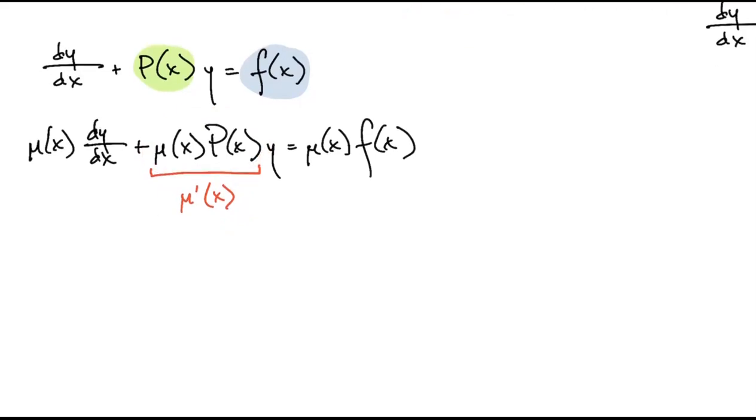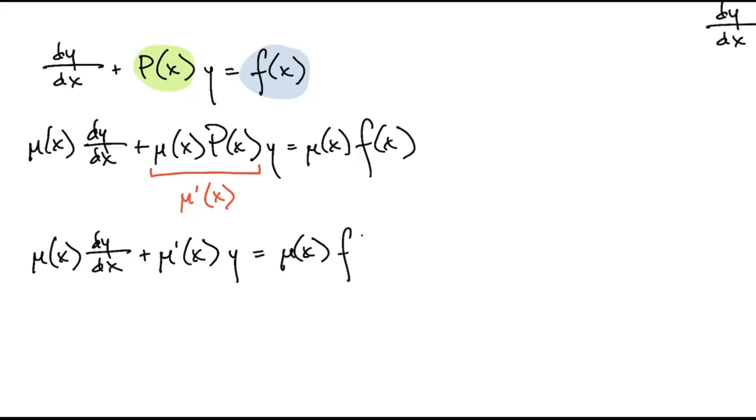Now, if we replace mu of x, p of x with this mu prime, let's see what we get. Okay, so magical function, multiply it through. So magical that it turns this piece into the derivative of that magical function.